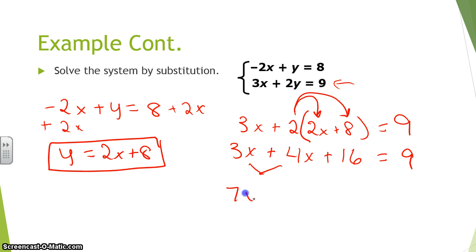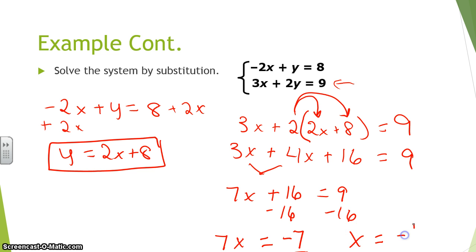So I have 7x plus 16 equals 9. I'm going to subtract 16 from each side to solve for my x. So I have 7x equals negative 7. I'm going to divide each side by 7, so I get x equals negative 1. So I found my x. My x is negative 1.